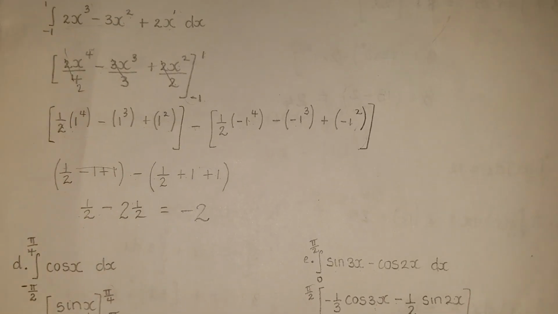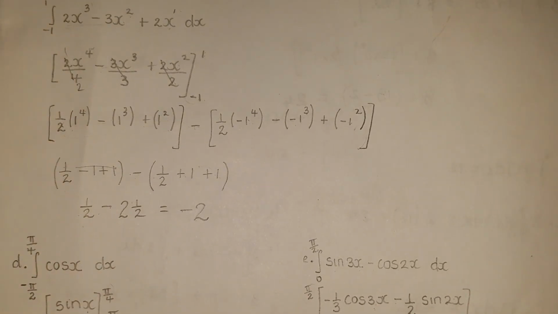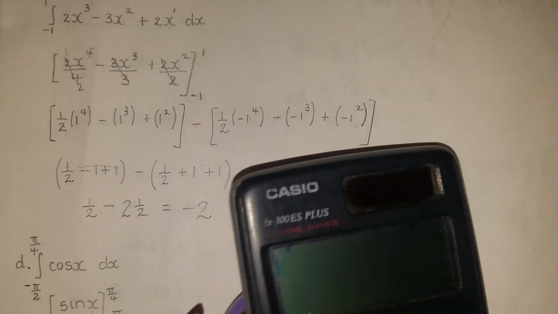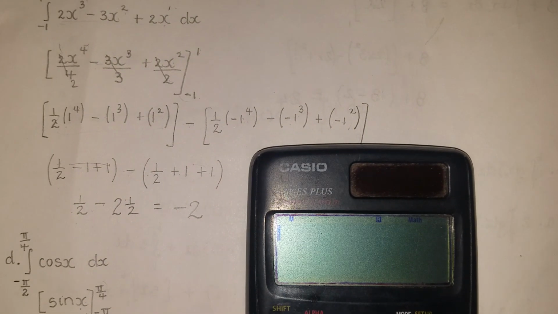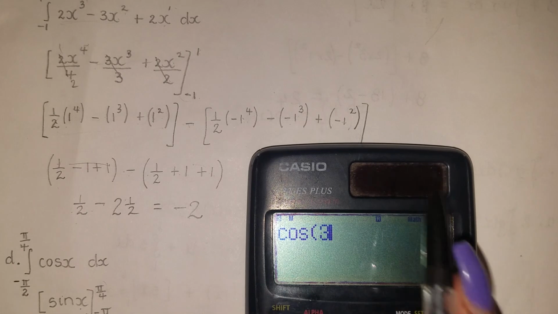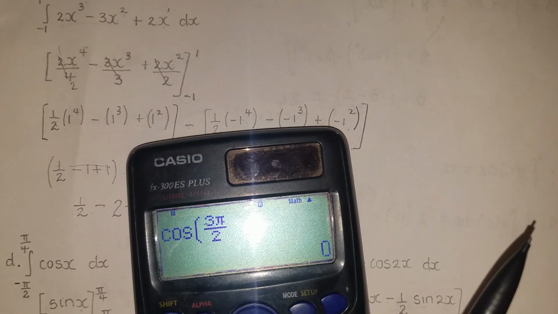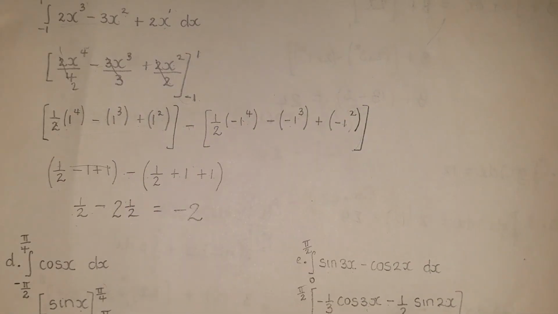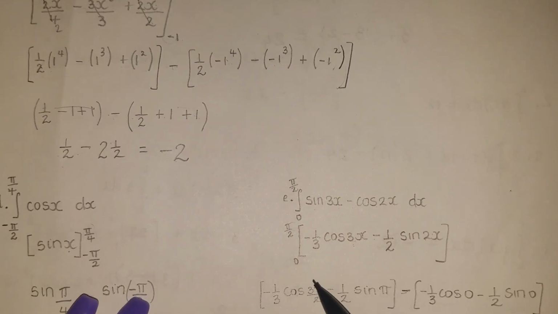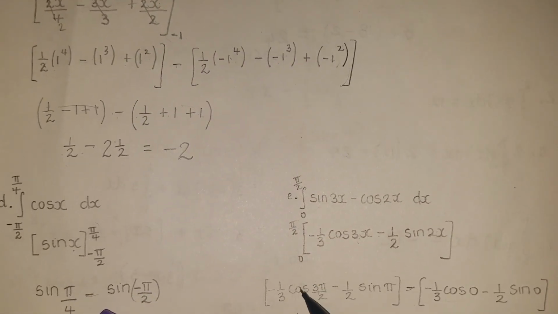So now to evaluate, go into our calculator, finding the value of cos 3 pi over 2. So cos 3 pi over 2 is 0. As you can see, 0. So this value is 0, and 0 times anything is 0.